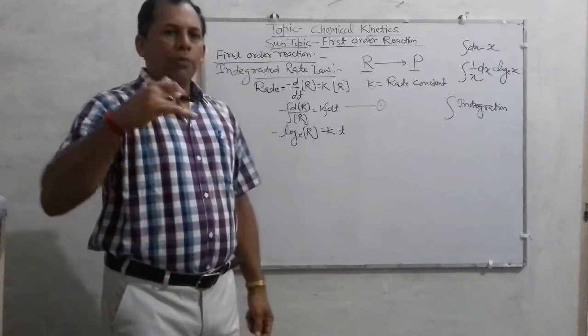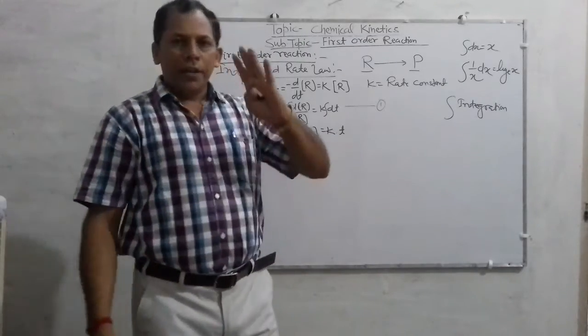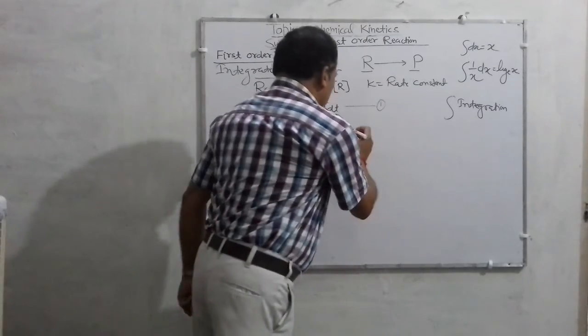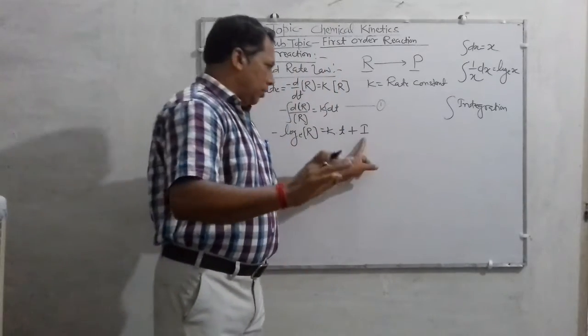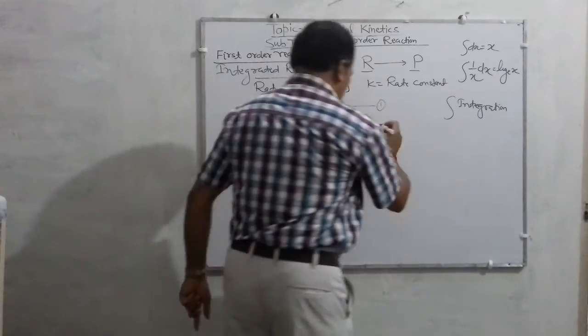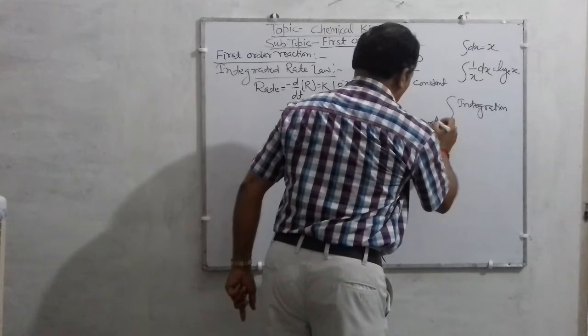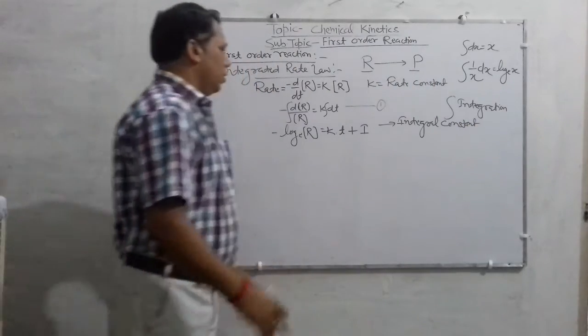And one point you have also noticed: during integration an integral constant is added, and that constant is I or C. Suppose this is I, where I is the integral constant. I is known as the integration constant.